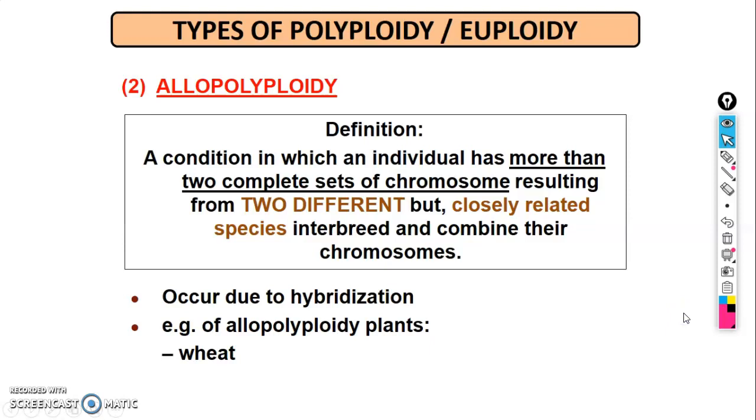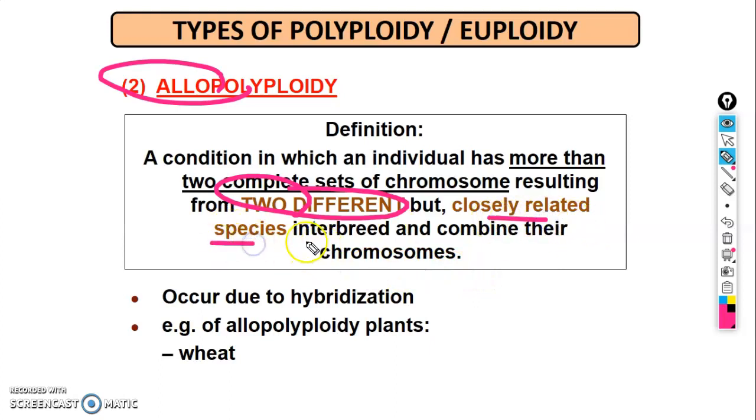For allopolyploidy, allo refers to the same definition of altered number of chromosomes, but it is derived from two different types of species that are closely related.